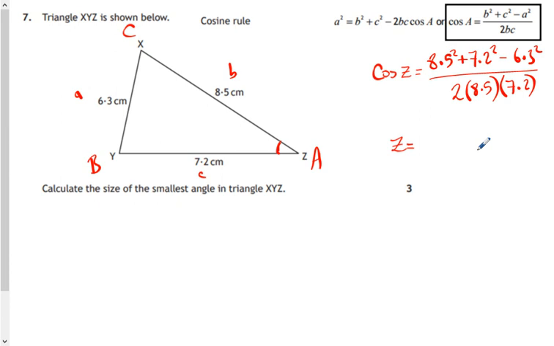So we get 8.5 squared plus 7.2 squared minus 6.3 squared, and then divide that by 2 times 8.5 times 7.2, and that should give us a final answer there of 46.406 dot dot dot, which, since this is an angle, I'm going to say 46.4 degrees.